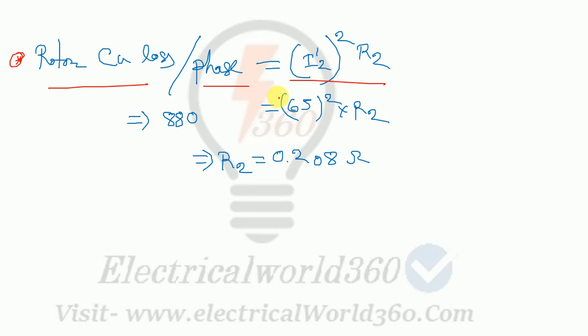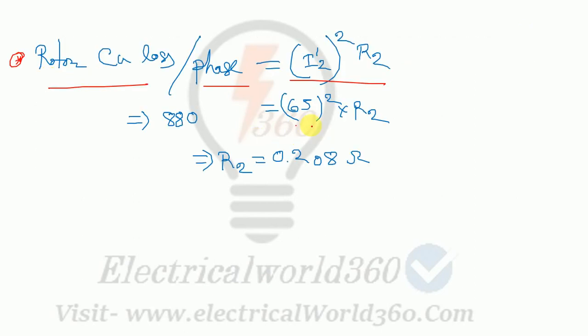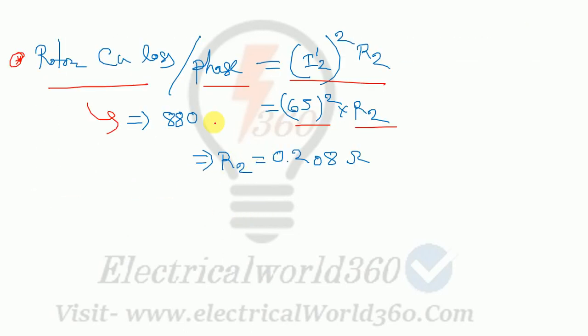The rotor current is given in the question. Here you can see this is the rotor current, the 65 ampere. So 65 square into the R2, and this is the rotor copper loss per phase. Here you can see the rotor copper loss per phase.